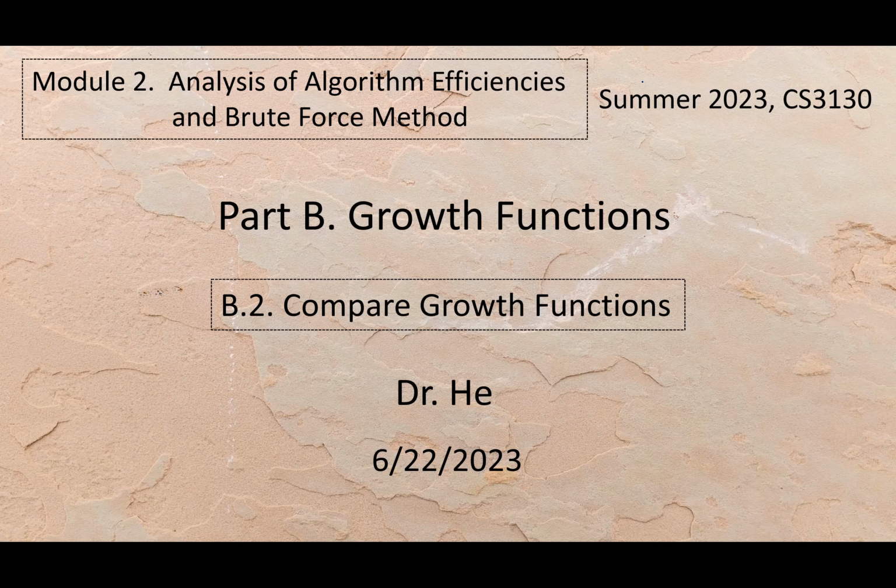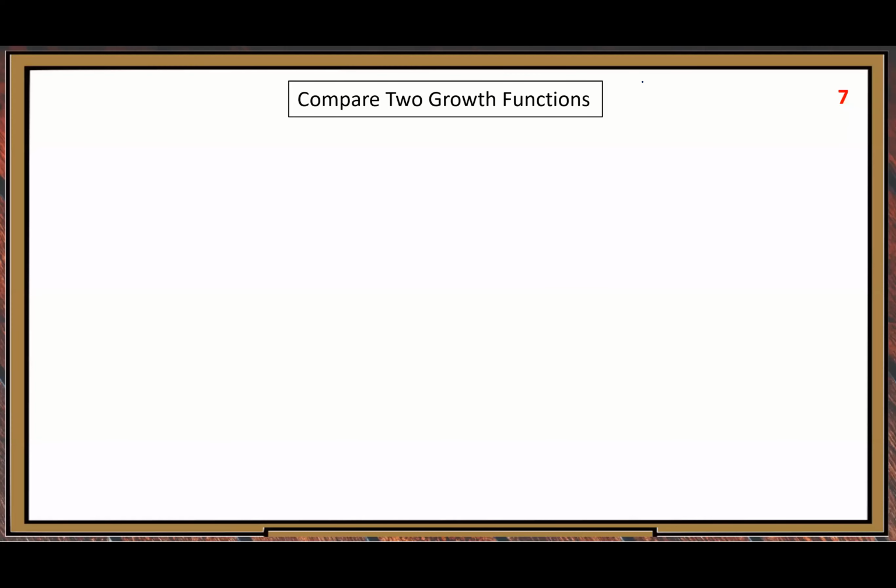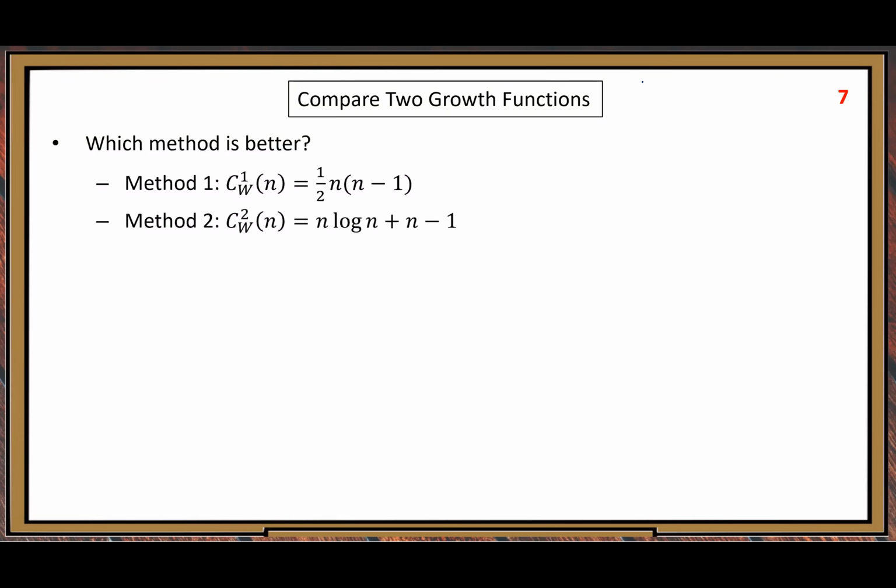Method 1's growth function is n squared. Method 2 has two steps: step 1 is n log n, step 2 is n minus 1.